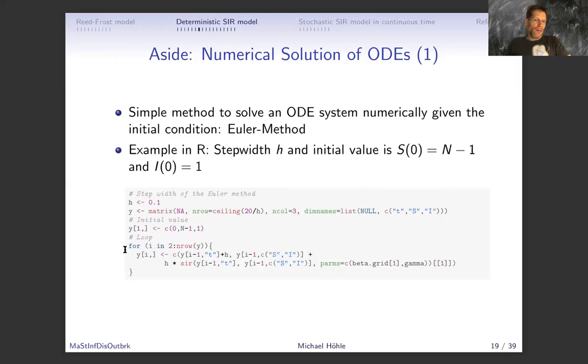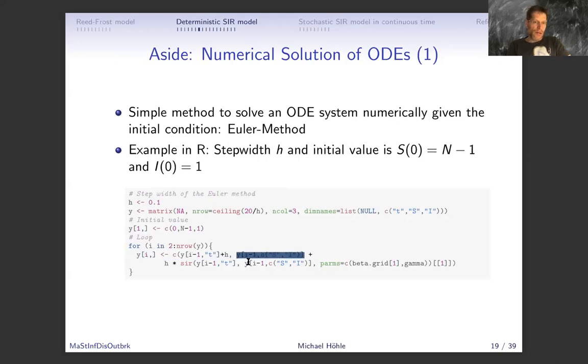And then we simply do an iterative procedure where we always say the new value will be the old value, which is stored here. Sorry, I messed that up.